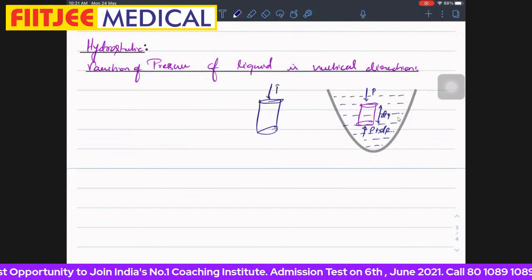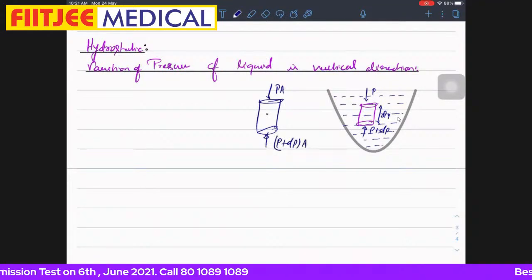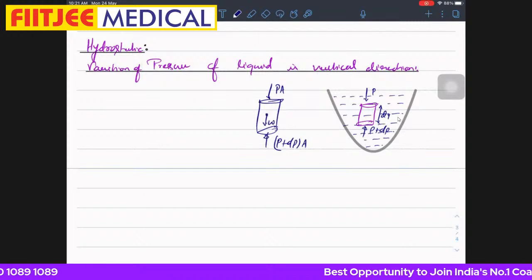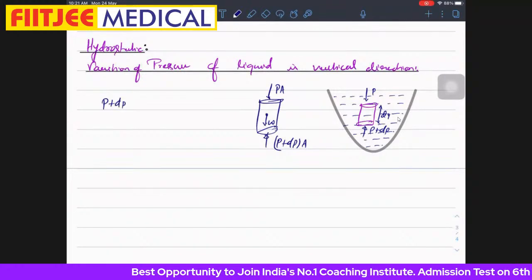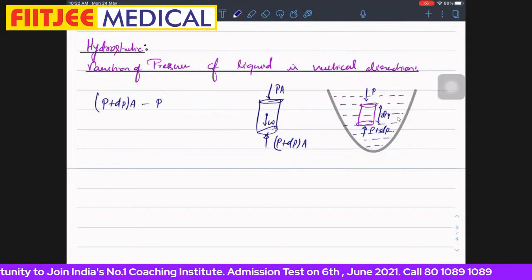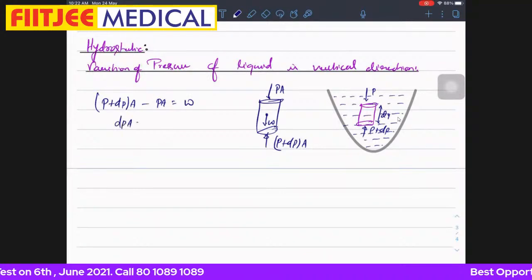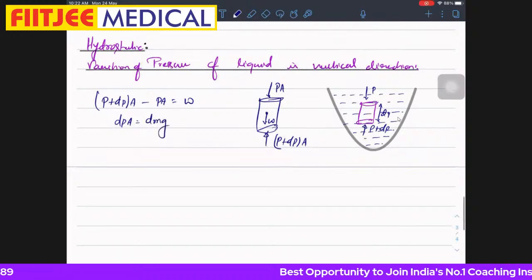Here the force will be PA. Here it is P plus dp into A. Here it will be W. So what can we write? P plus dp into A minus PA equals W. So dp into A. W, what can I write? dm into g.